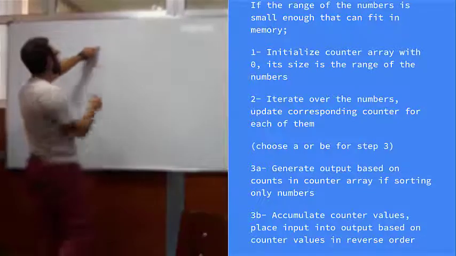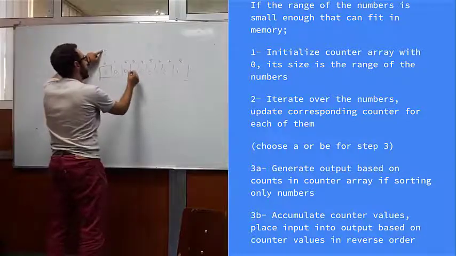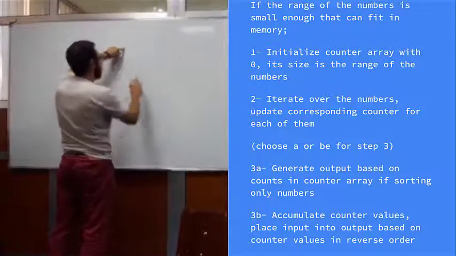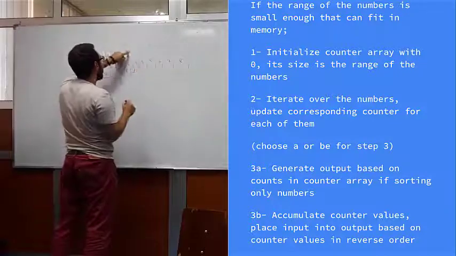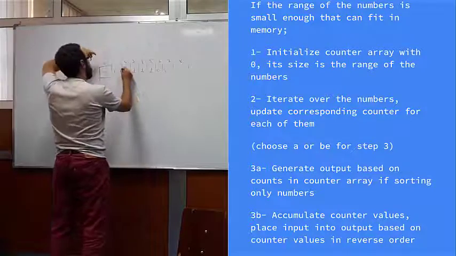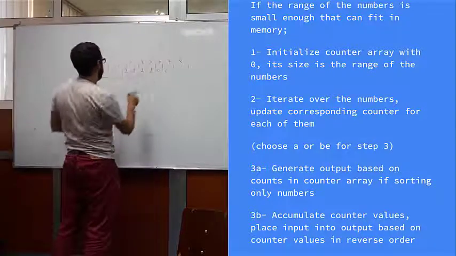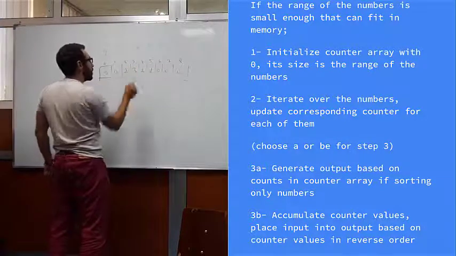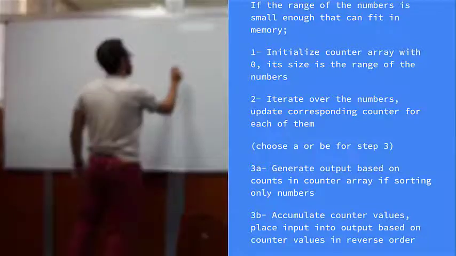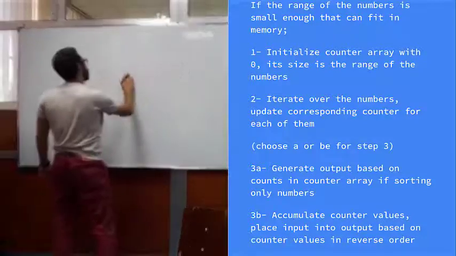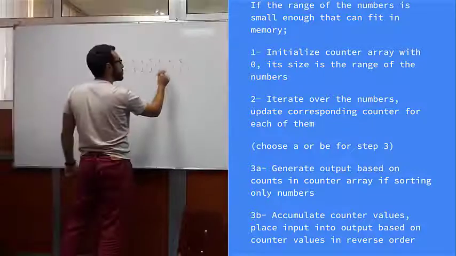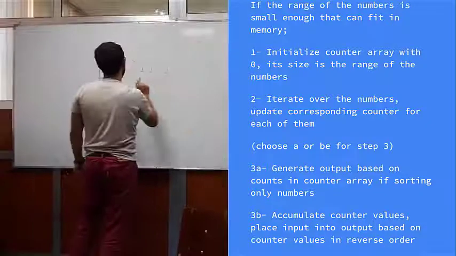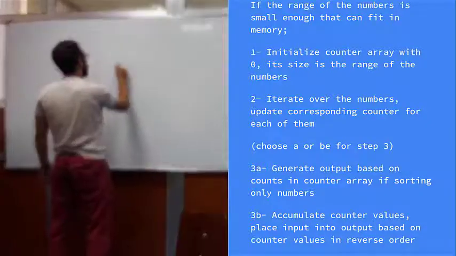And then we see 3, so we increase count of 3 by 1. 5, we increase count of 5 by 1. 4, increase count of 4 by 1. 2, increase count of 2 by 1. 3, increase count of 3 by 1. Another 3, increase count of 3 by 1. 8, this becomes 1. 2, this becomes 2. 7, this becomes 1. 3, this becomes 4. And 2, this becomes 3.